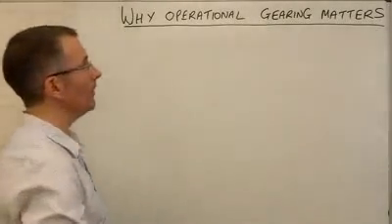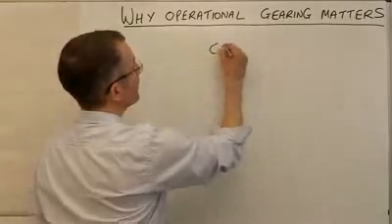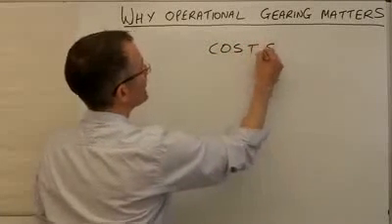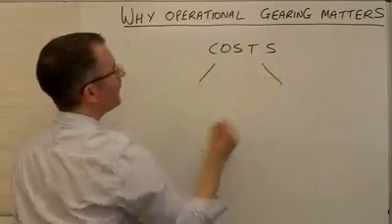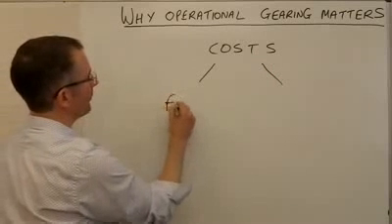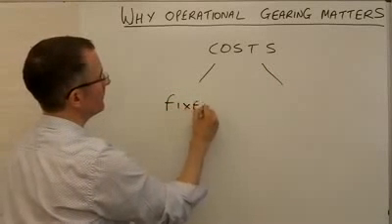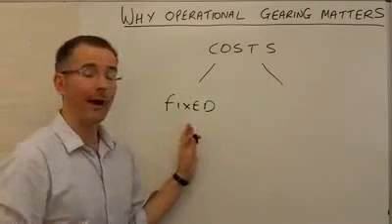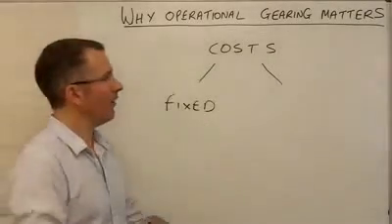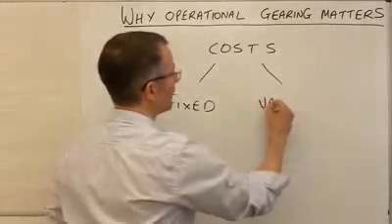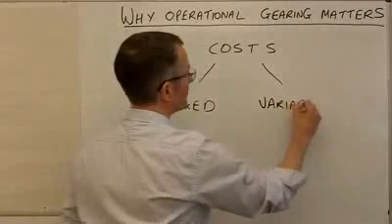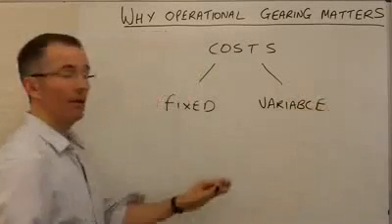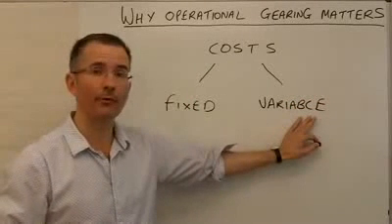And as a firm, you can split your costs into two types. On the one hand, you've got fixed costs, the costs that don't vary with sales. On the other hand, you've got what are called variable costs. These are the ones that do vary with sales.